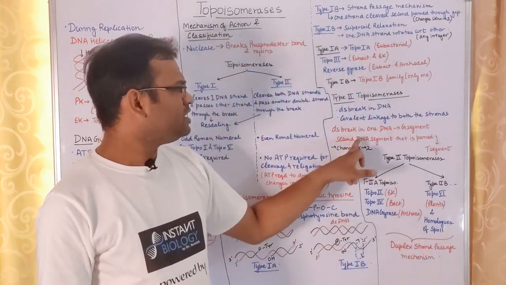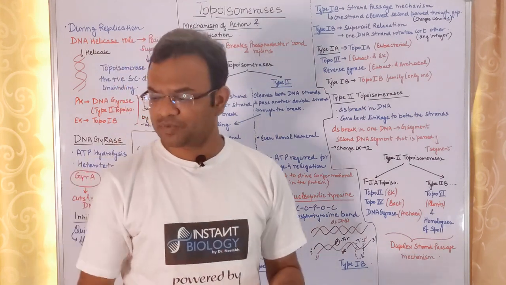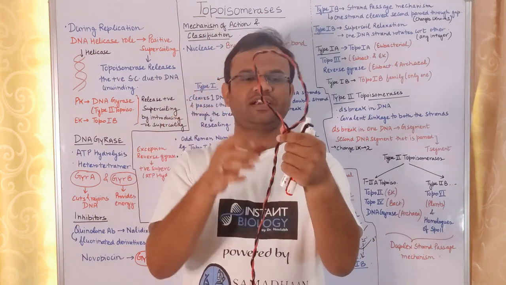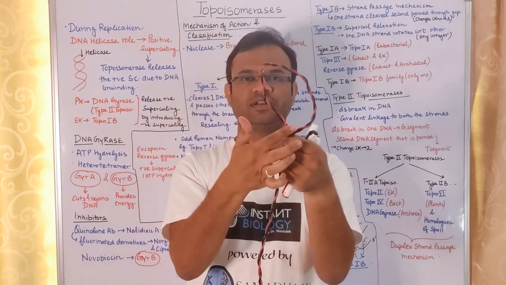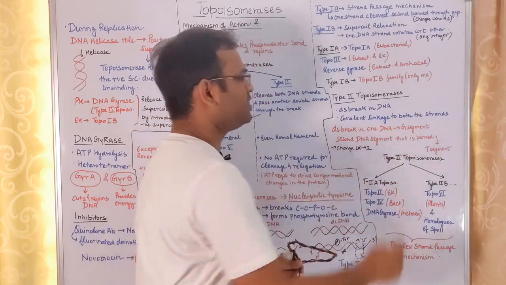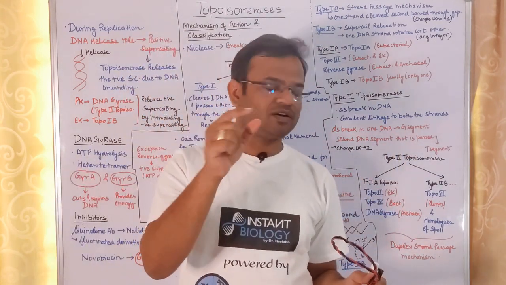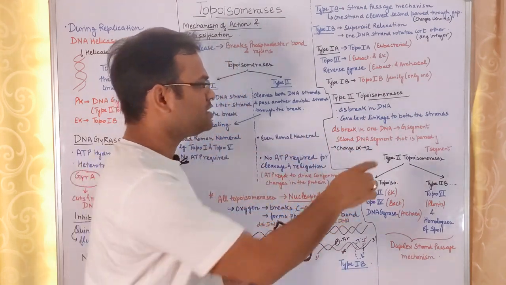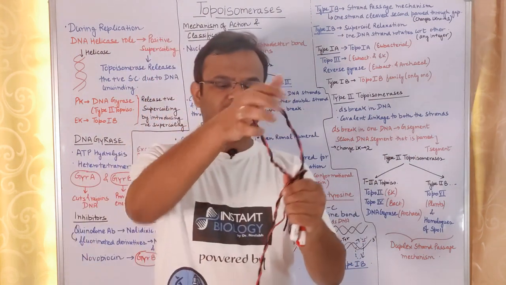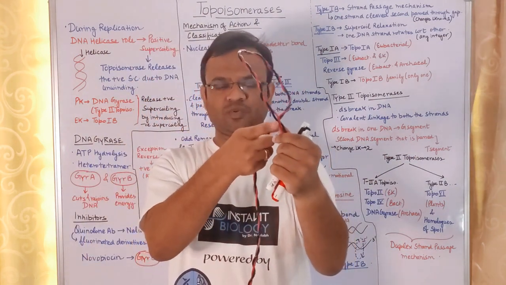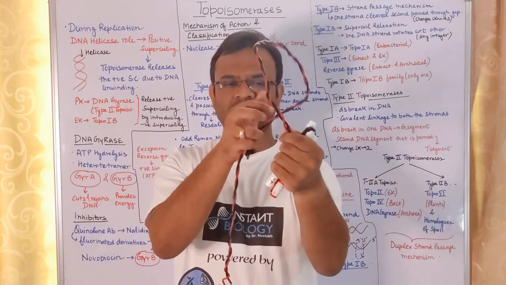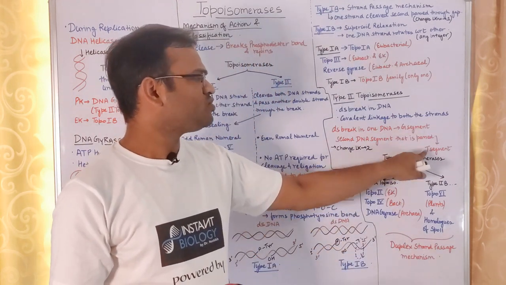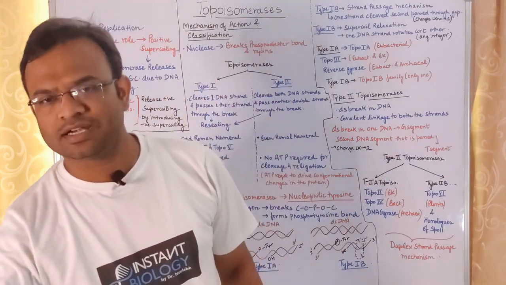Now, the DNA in which the double-stranded break took place is called the G segment, and the other segment that is passed through the gap is called the T segment. So you should know the names of these segments, G segment and T segment.